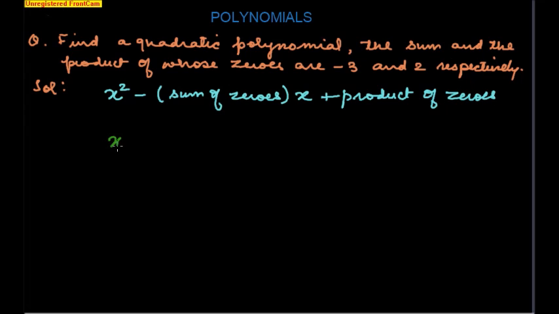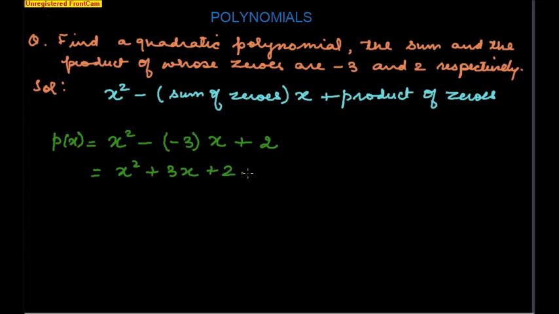The polynomial formed is x square minus the sum given to us is minus 3, so I write down minus of minus 3 into x plus the product given to us is 2. I write this polynomial as p(x) equal to this. When you simplify it, that is, we multiply these signs, we get x square plus 3x plus 2 is the quadratic polynomial, the sum and the product of whose zeros are minus 3 and 2.